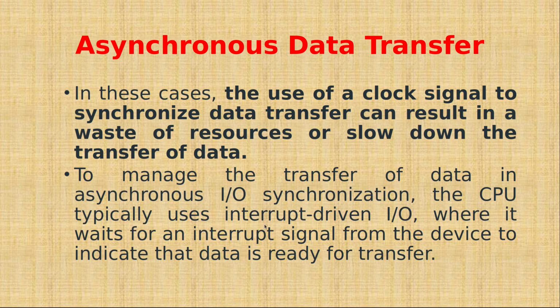Interrupt driven input output means the CPU tests whether an interrupt has occurred or not. If there is an interrupt, the data transfer is stopped. If there is no interrupt in the system, it allows the data transfer.